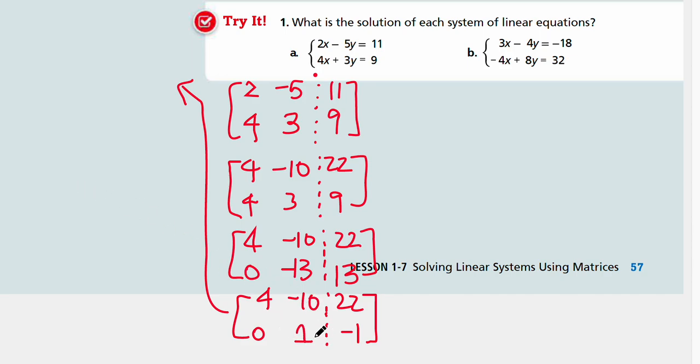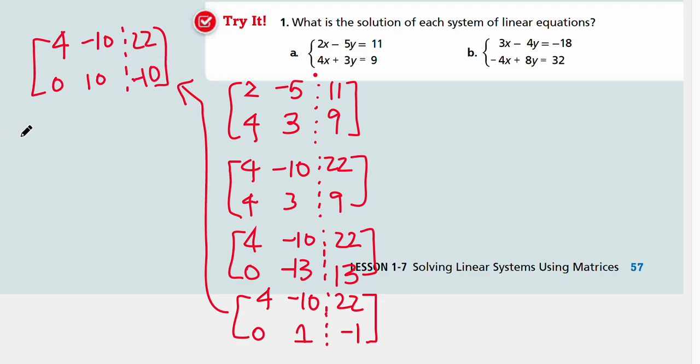So I'm going to multiply the second row by 10 so that I can cancel out the first row. So I already have 0, 1, -1, and I can easily come back to that. So multiply by 10 to get 10 and -10 on the bottom.